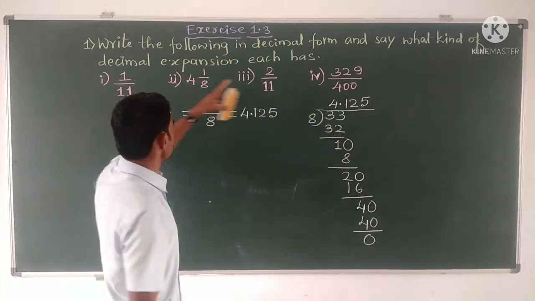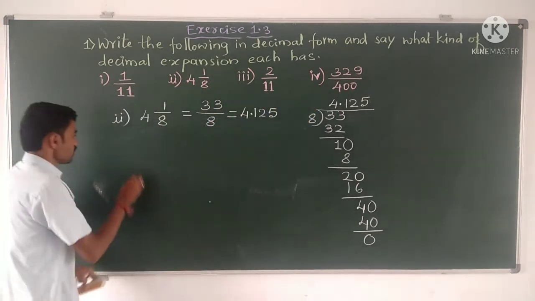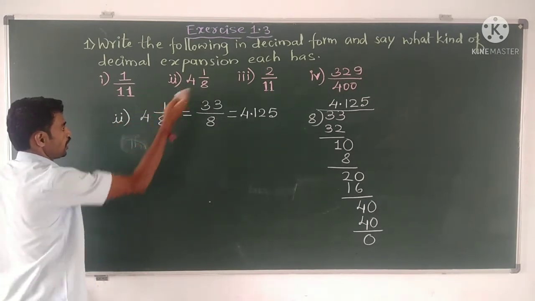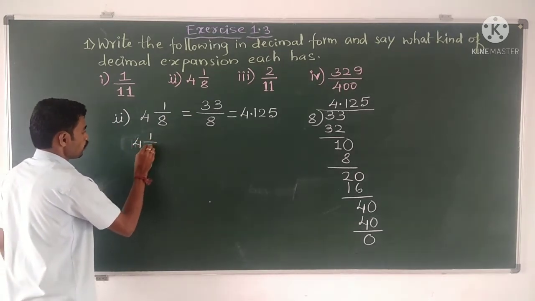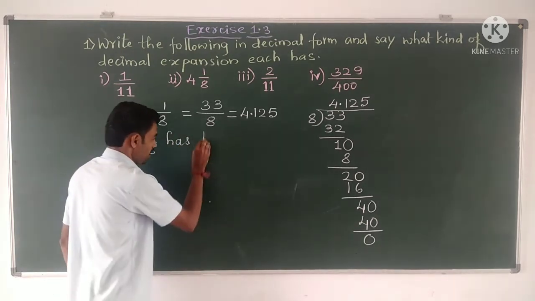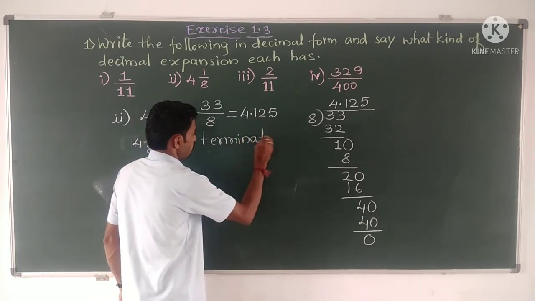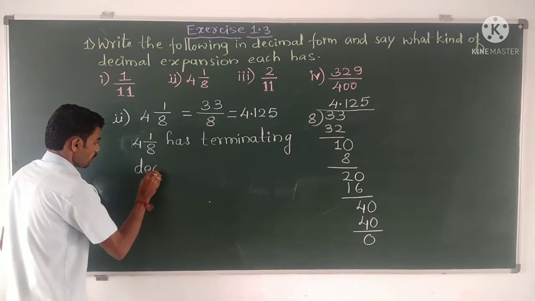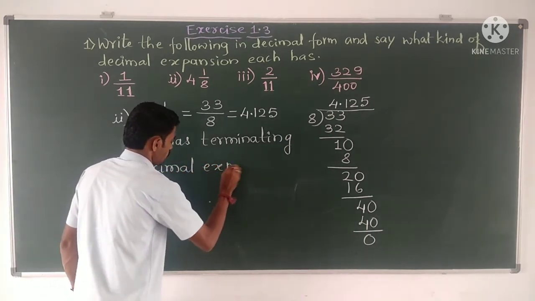And what type of decimal expansion does this rational number, 33 by 8 or 4 integer 1 by 8, have? Terminating decimal expansion.